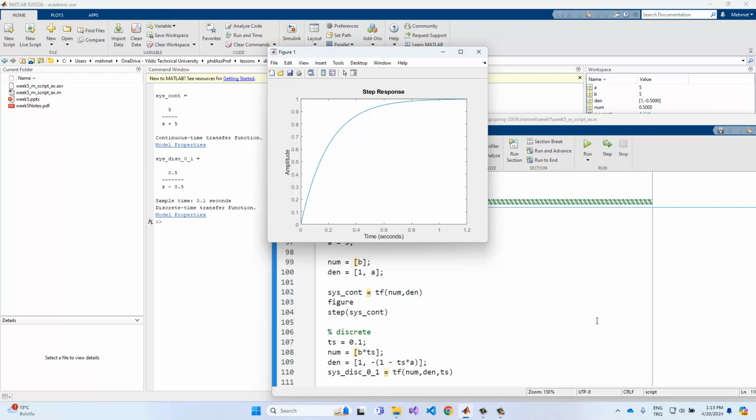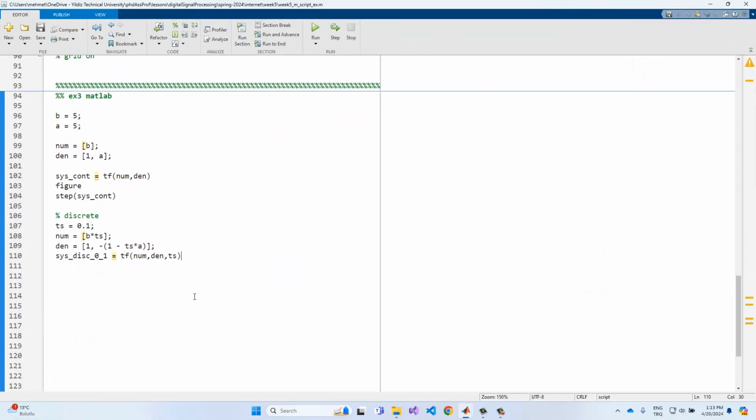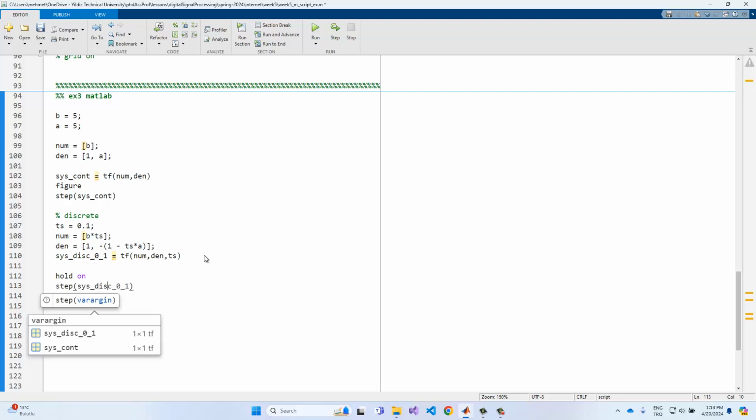Okay, this is a discrete transfer function. So how can we compare our continuous results with the discrete one in here? Firstly, we must give the hold on in here, and step can be applied to the dis 0 1.